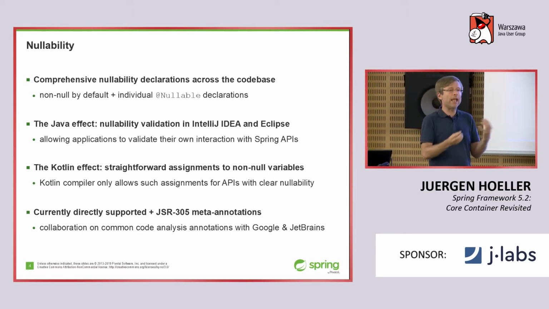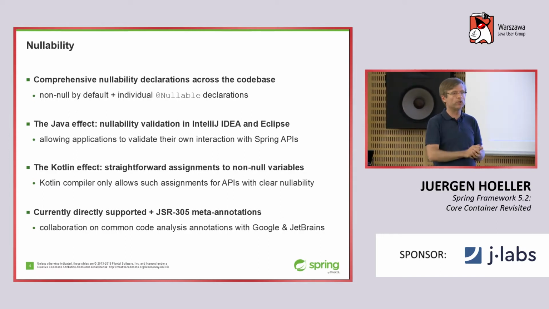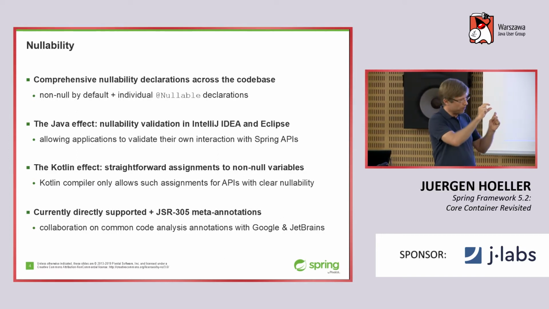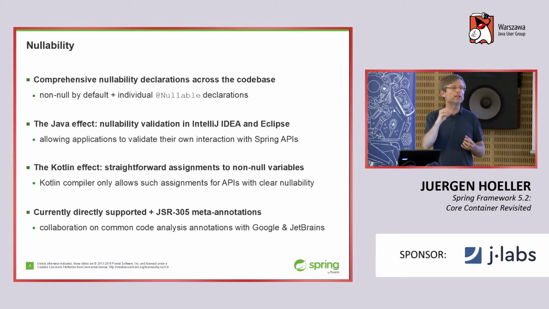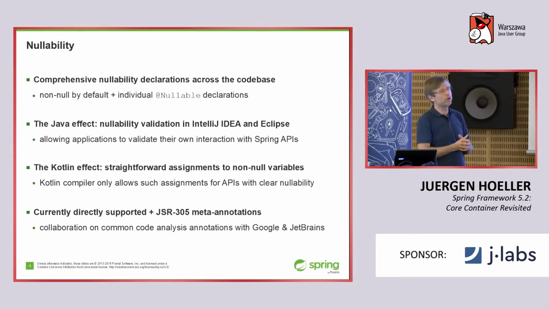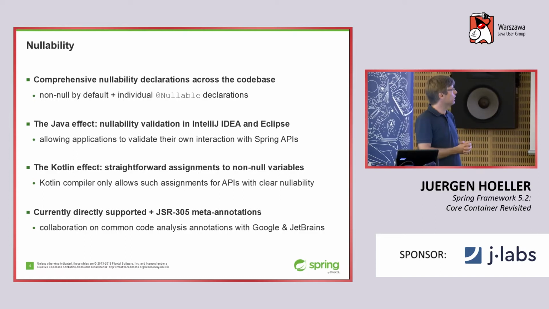If a return value can be null, you'll find an @Nullable annotation on the method. If a particular argument, a constructor parameter, method parameter can be null, you'll find an @Nullable annotation on that particular parameter in the signature, which is of course showing when you look at our source code, it's showing when you look at our documentation, and it's a formal declaration.